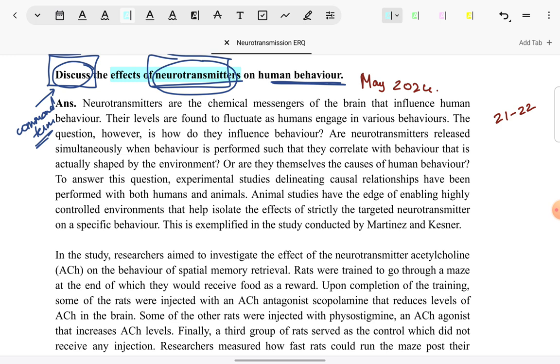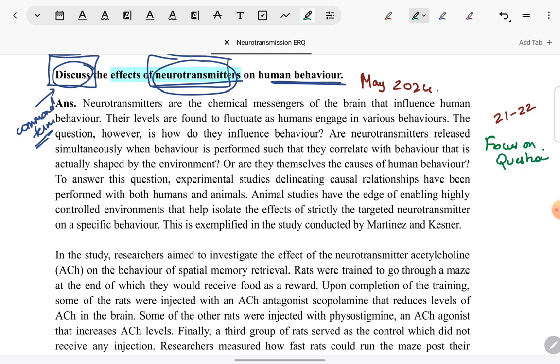In other words, don't just memorize from the textbook which neurotransmitters there are and which behaviors they affect in general and go on writing that. That really takes away from the focus of the answer. If you see, the very first criterion for scoring in an ERQ is focus on the question, right? You know that. So in the ERQ rubric you have seen, focus on the question is very important.